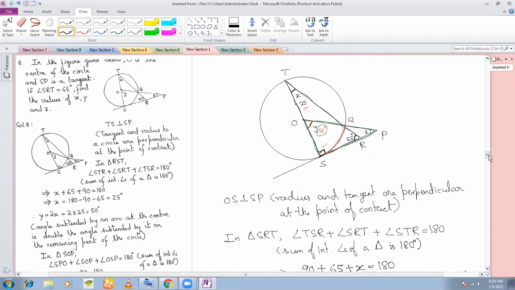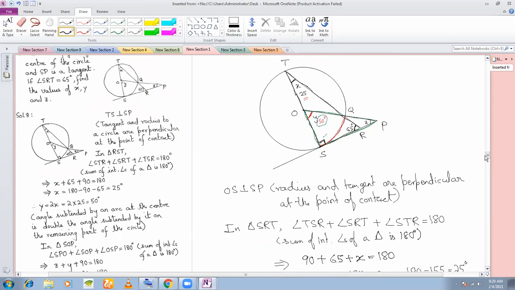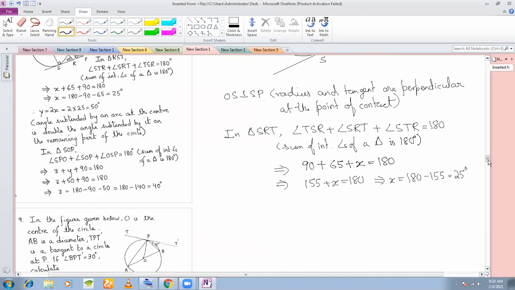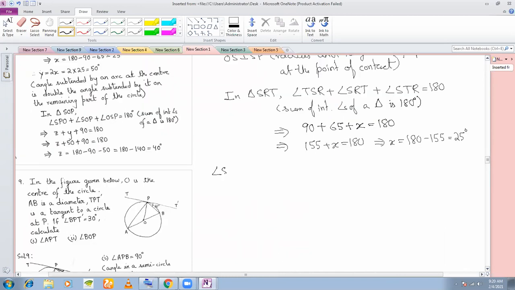Now we shall find out y. Which angle is y? Angle SOP is y. So angle SOP is equal to twice of which angle here? Angle STR. That is, y is equal to twice of x.